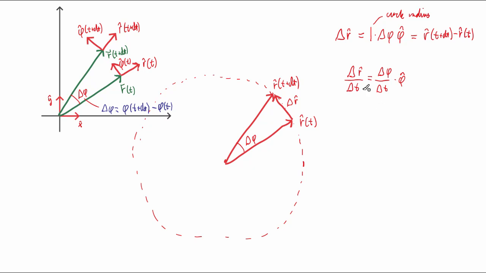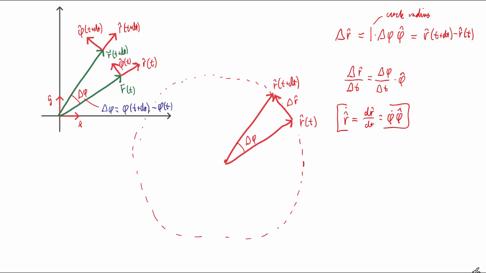These will actually tend to derivatives when delta t goes to 0. So we will get then that r hat dot, which is equal to d r hat dt, is actually equal to phi dot phi hat. So that's the expression for the time derivative of the unit vector in the r direction. Perhaps not what you expected.